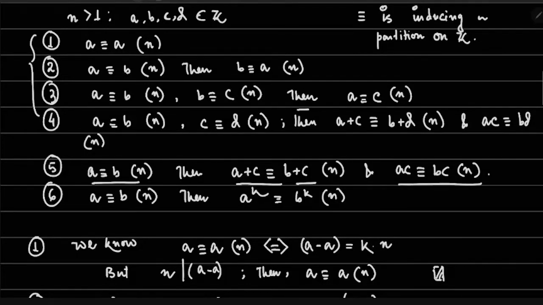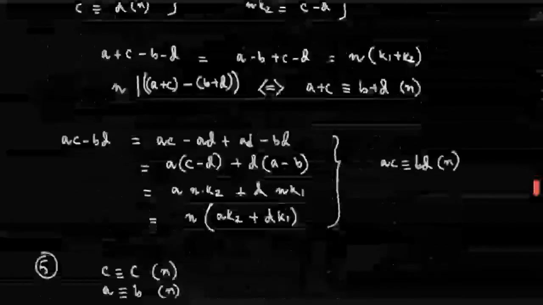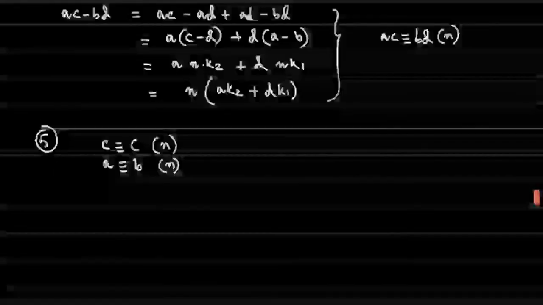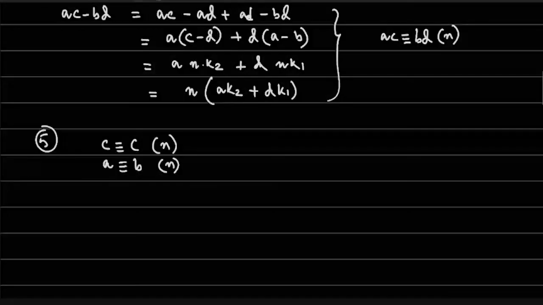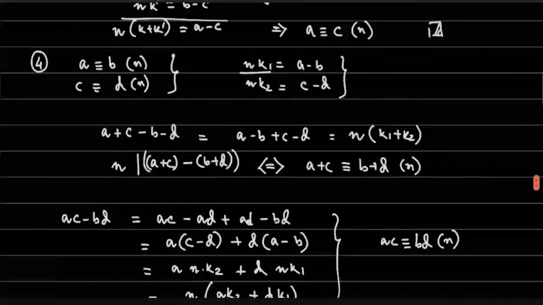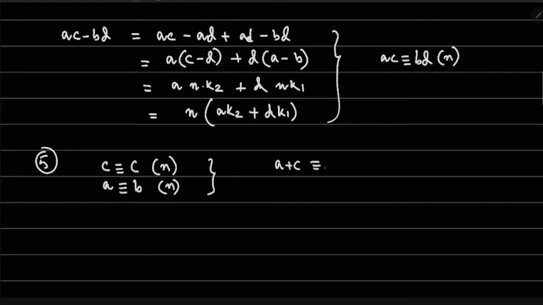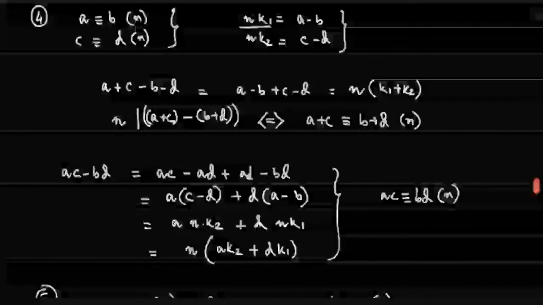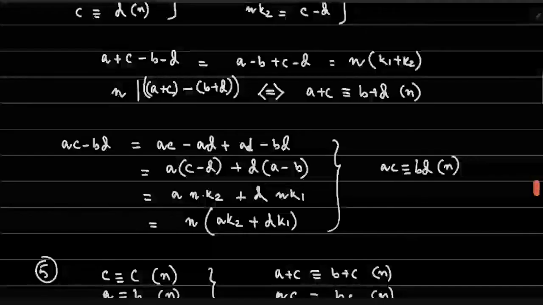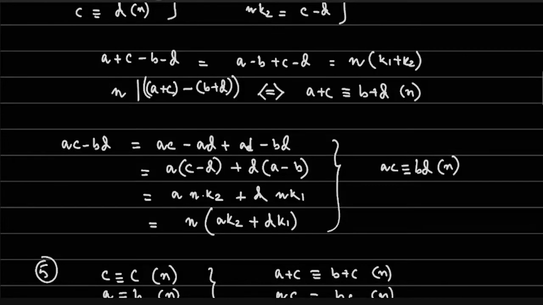This follows from the fourth statement. That means if D is equal to C itself, then the fourth statement is in essence the fifth one itself.